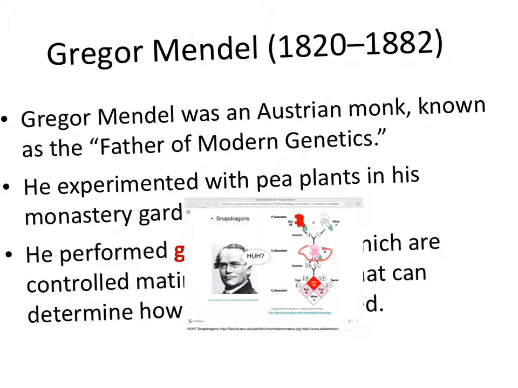He didn't know how inheritance actually happened. He had a misinformed understanding of inheritance. No one knew until Gregor Mendel came along. And even then, even though he actually had Darwin's book on the origin of species, he didn't see how it applied to that book.